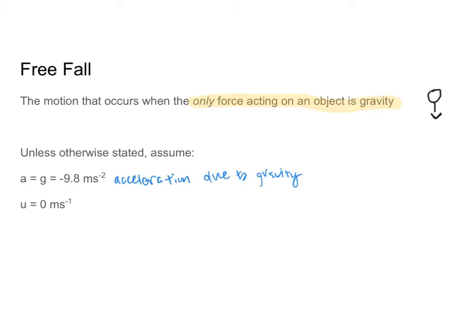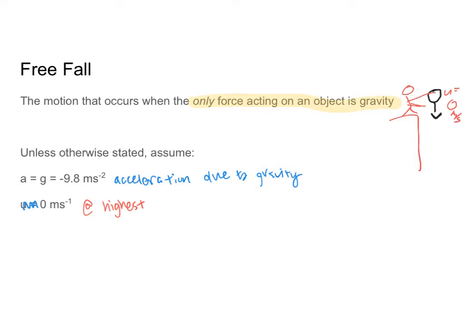The second thing we're going to assume is that our u is 0 meters per second. Now, I'm actually going to change this a little bit, because what I want to say is that our speed is 0 meters per second at the highest point. So if I'm standing on a cliff and I drop something, then u is going to equal 0 meters per second.